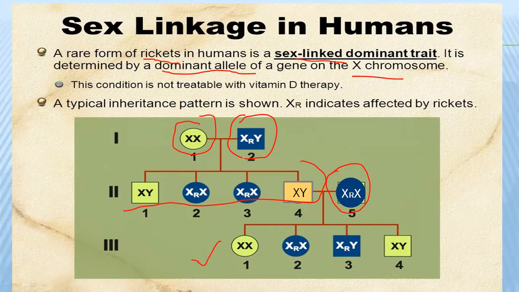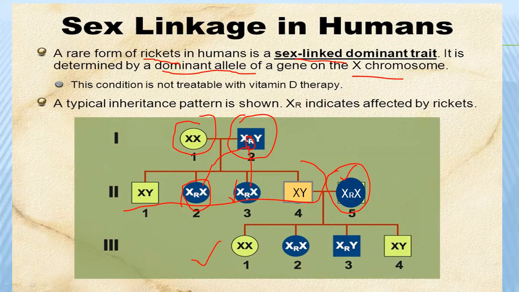Here we can say R is for rickets. If rickets is on the male X chromosome, it passes the character to the females only, and the females here are carriers, because in any case one of the X chromosomes will come from the male.